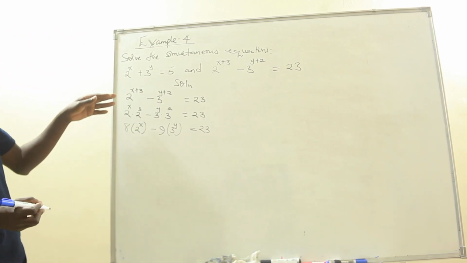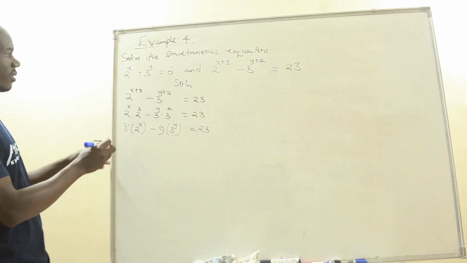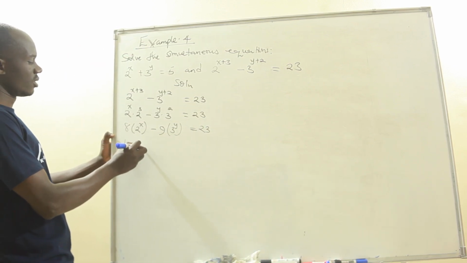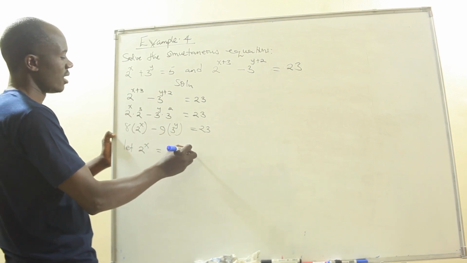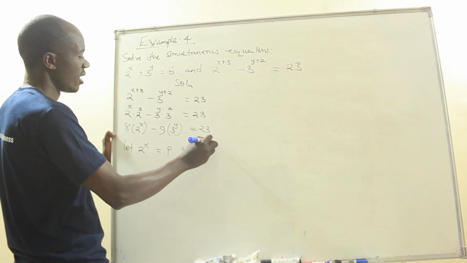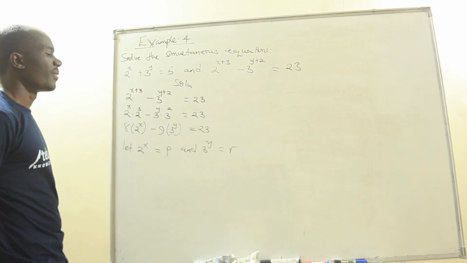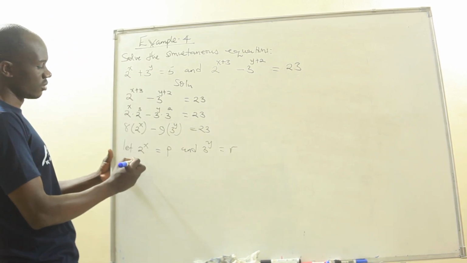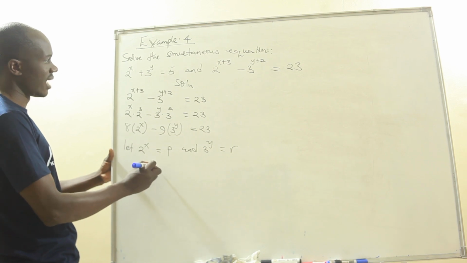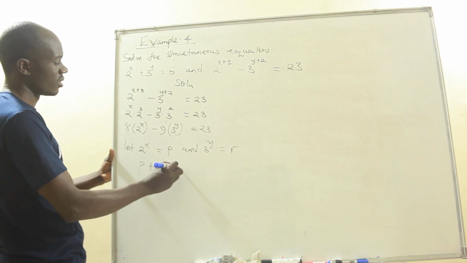So you can see now 2 power x is common. You can start by saying let 2 power x equals p and 3 power y equals r. So what are we going to do? Where you see 2 power x put a p, this becomes p plus r equals 5.